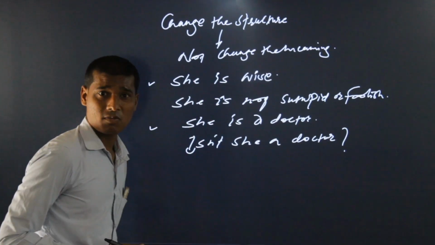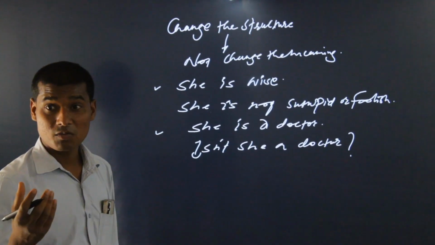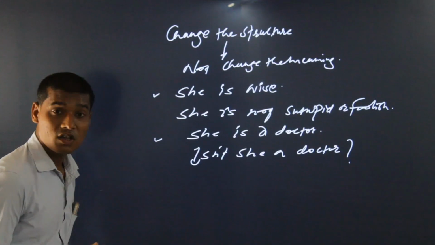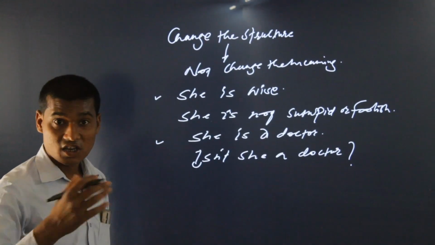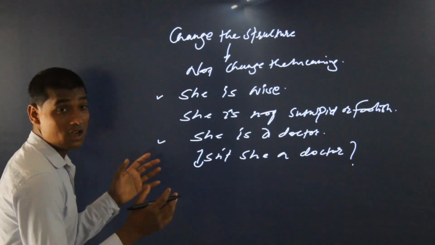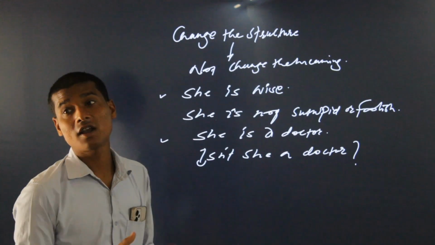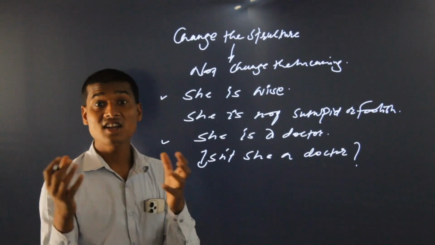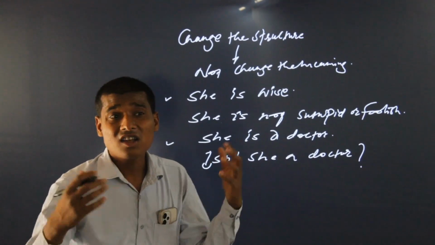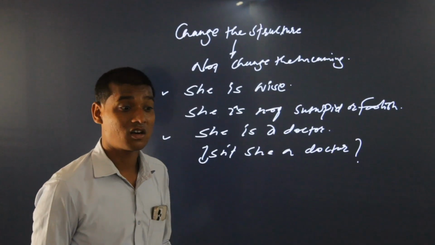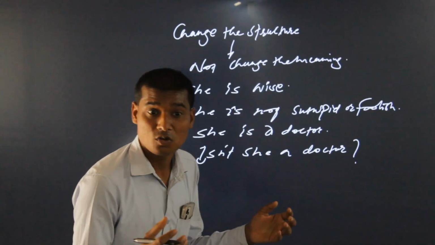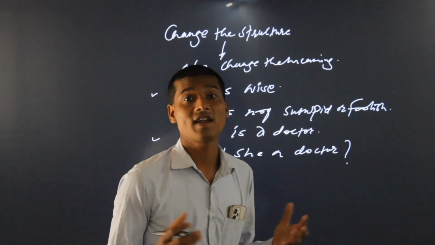So back to back, we understand how we are changing the structure but not changing the meaning. Now we are going to dive deep into this, and we will try to understand some connectors and other things which are used in transformation.